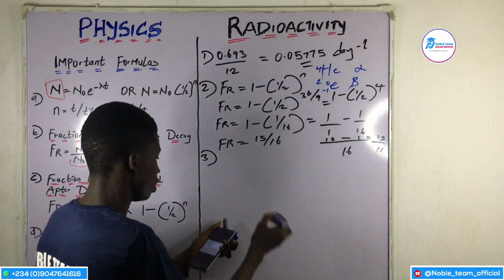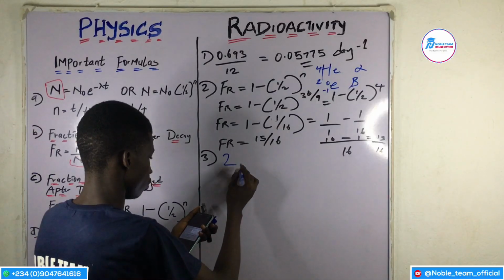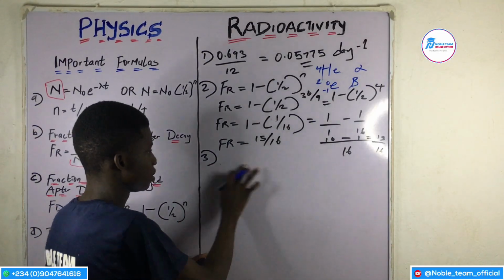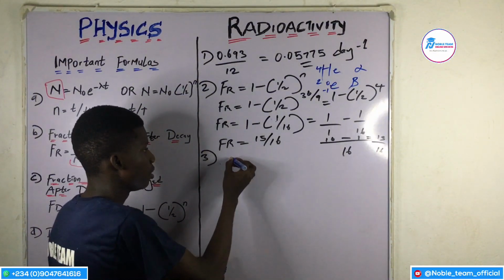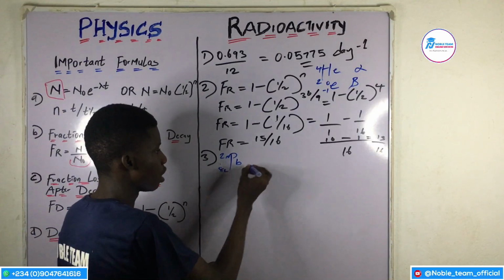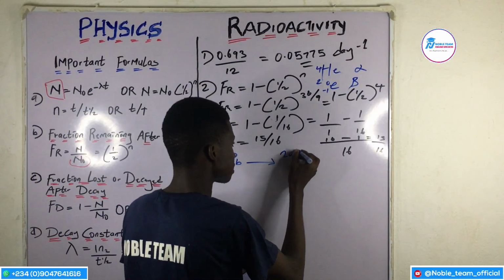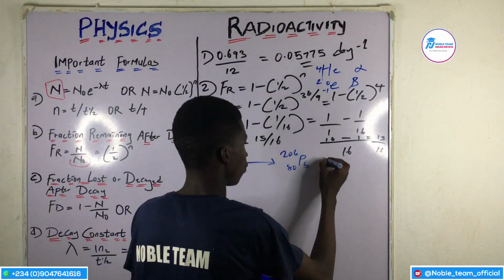It was initially Pb, which is 210 and 82, and it now becomes Pb with 206 and 80. Now what is remaining?